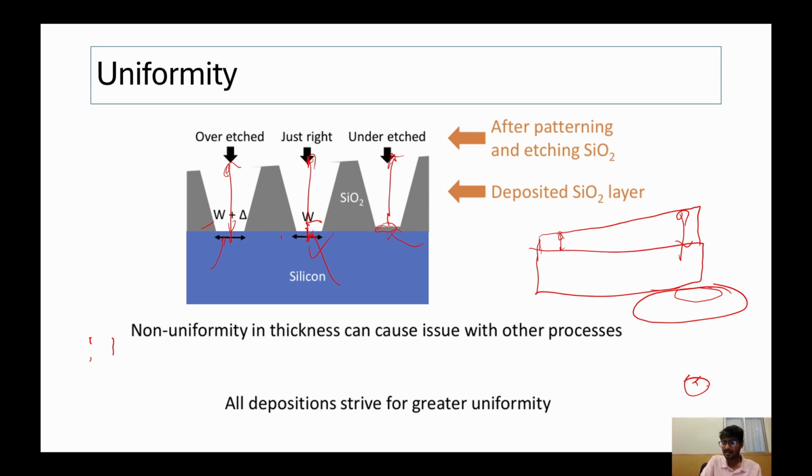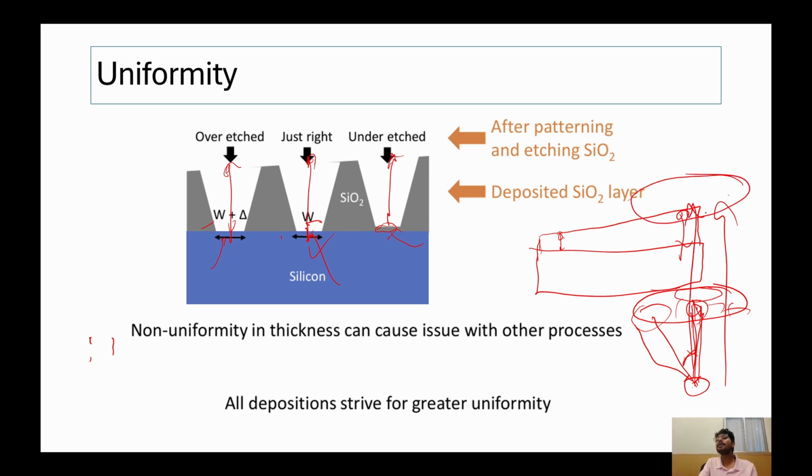This is a flat substrate, and the rate of deposition here will be larger than the rate of deposition in this. Because of the angle, if you go further and further, the uniformity is better in this case when you do physical vapor deposition. If this is closer to that, then the uniformity is not good, but that also depends on the technique.